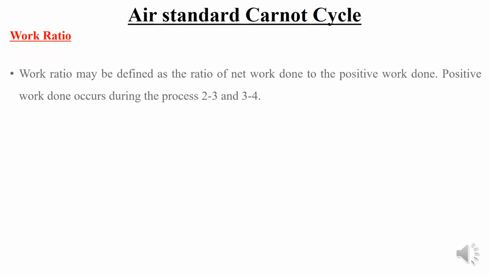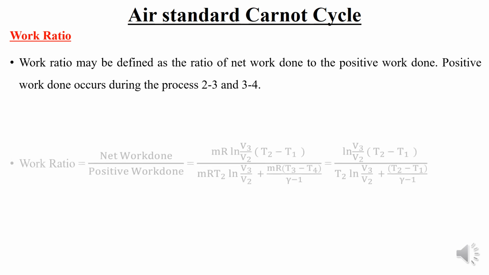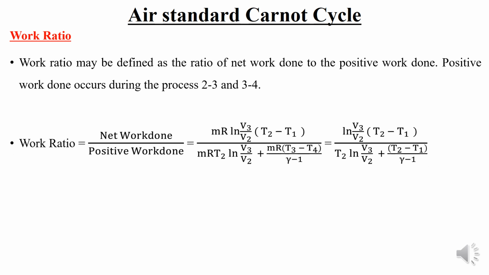Similarly, we have the definition for work ratio. This also we have already discussed in module 3, vapor power cycle, where we defined the work ratio. That is nothing but the net work done to the positive work done. Positive work done is nothing but your turbine work in module 3. Over here also we will get the turbine work. So work ratio is nothing but net work done divided by the positive work done.